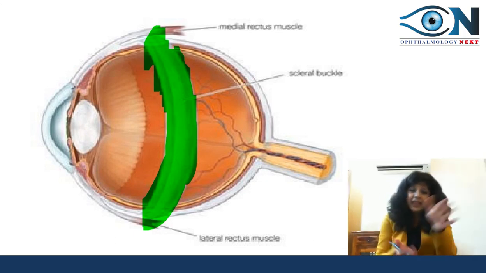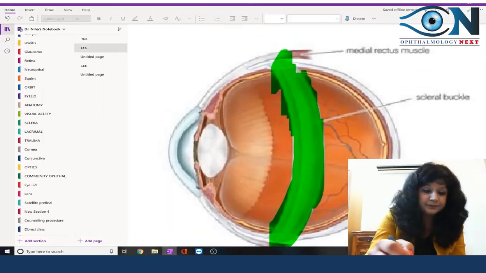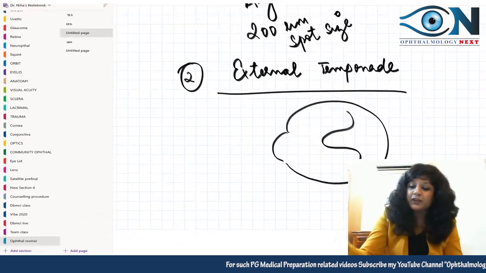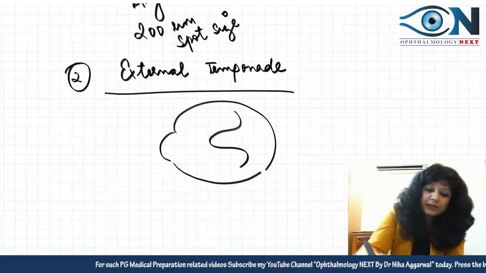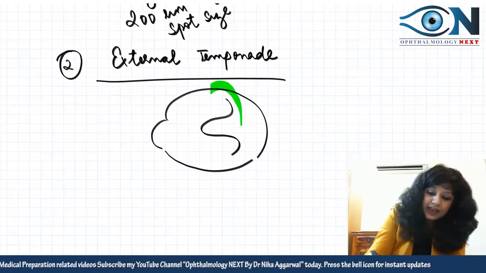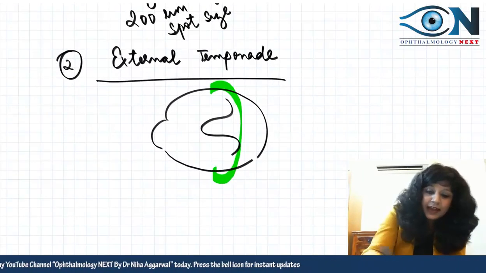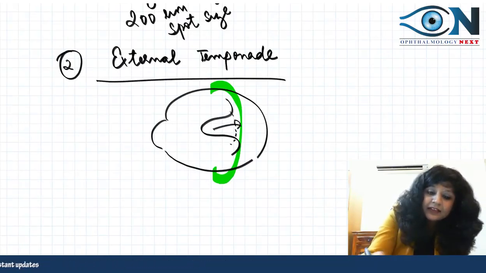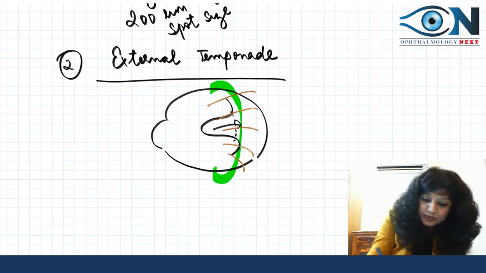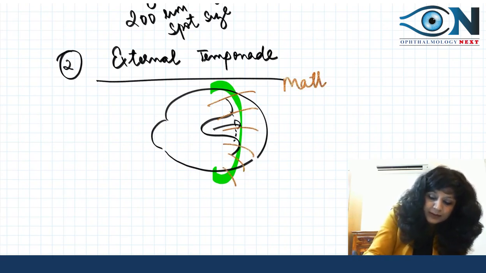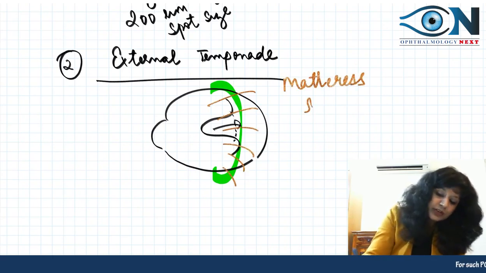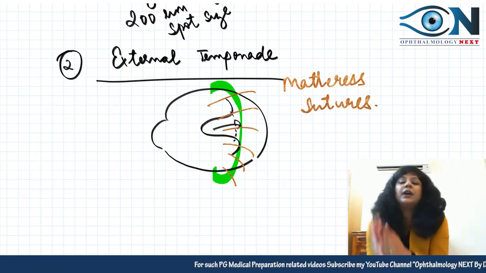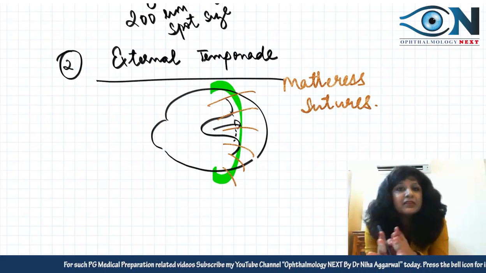And then we are opposing it back. So we have created this scleral buckle like this, and then we oppose it like this, and then give the mattress sutures so that it remains opposed.